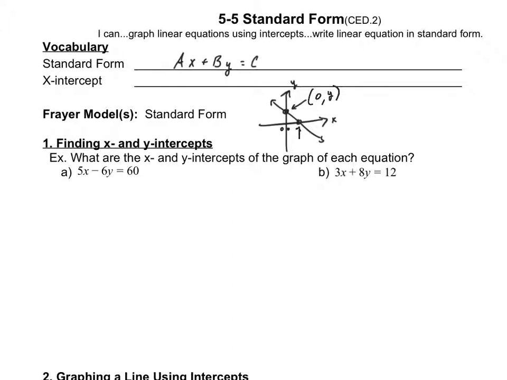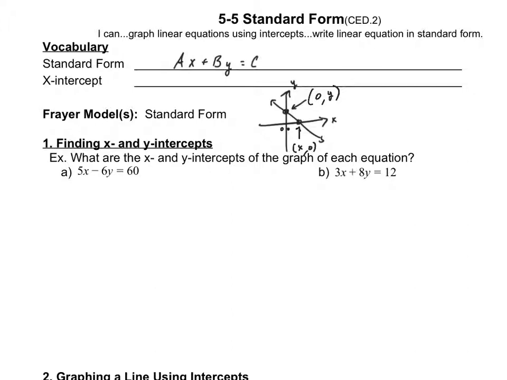On the x-axis, the y value is going to be 0, and there's going to be some x value. So as we calculate the intercepts, we're going to substitute in those 0 values and find out what the other is. So what are the x and y intercepts of the graph of each equation?